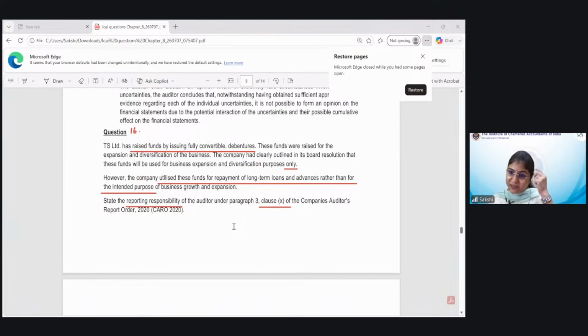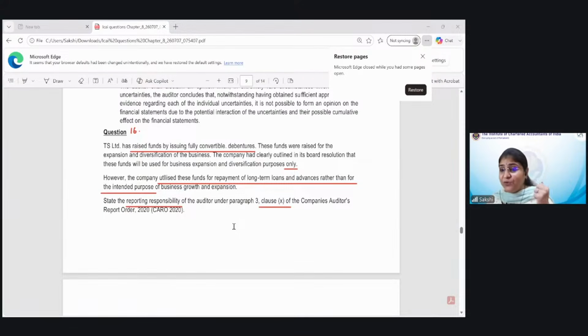So what you have to remember here, clause 10 of para 3 of CARO 2020, was already mentioned in the question. Suppose it is not mentioned, you should still know clause 10 of para 3 of CARO 2020. Second, money raised by way of IPO, FPO should be used for the purpose. If not used, give details of DDS, delays, default and subsequent rectification if any.